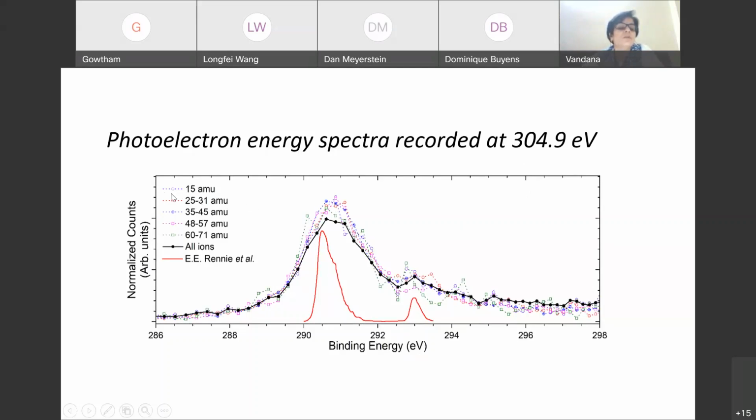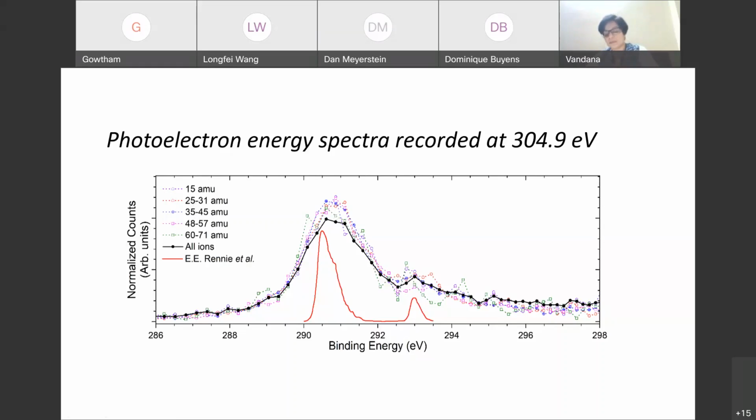The blue one you see here is the electrons coming from the 15 AMU fragment, and the red one you see here is coming from 25 to 31 atomic mass units. So these are for all the different fragments which are coming out. These are the electrons from the fragments.